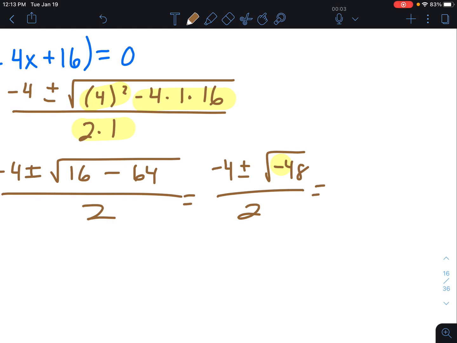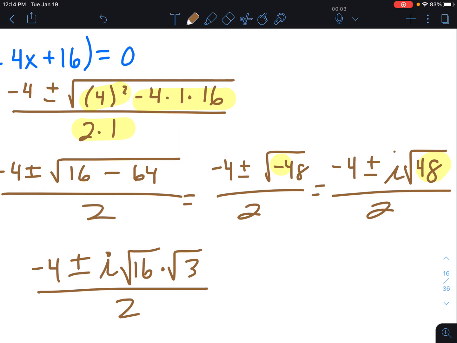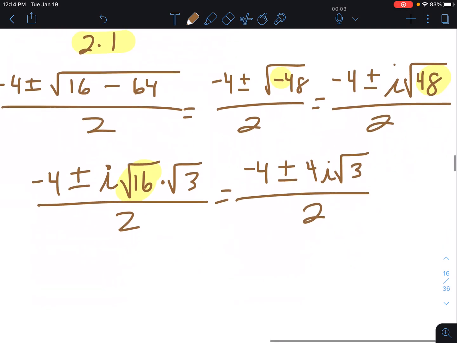So an i must come out of the radical. And then we got to worry about simplifying the square root of 48. What perfect square multiplies evenly into 48? That would be 16, such as square root of 16 times the square root of 3. And then you can take that square root of 16 and get 4. So if the square root of 16 is 4 with an i, we'll call it 4i, then drag over the square root of 3.